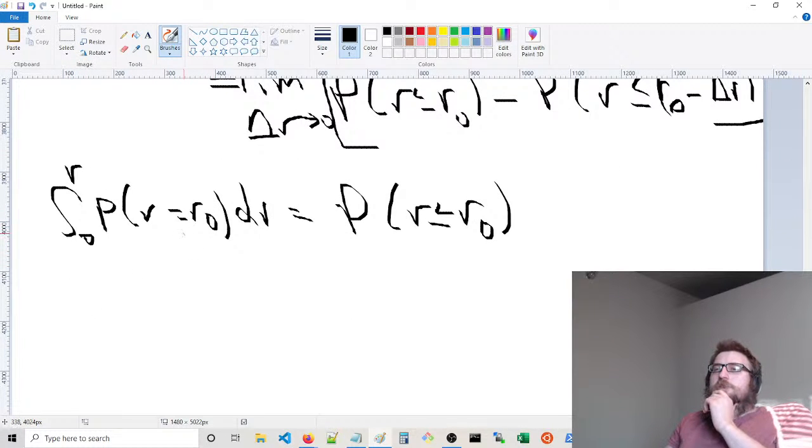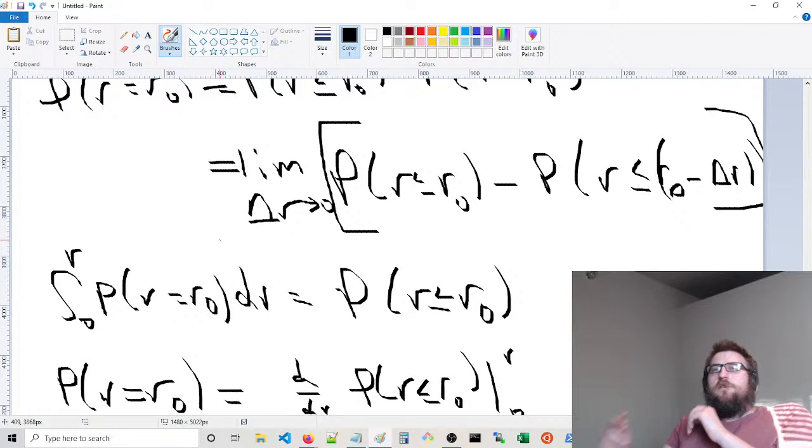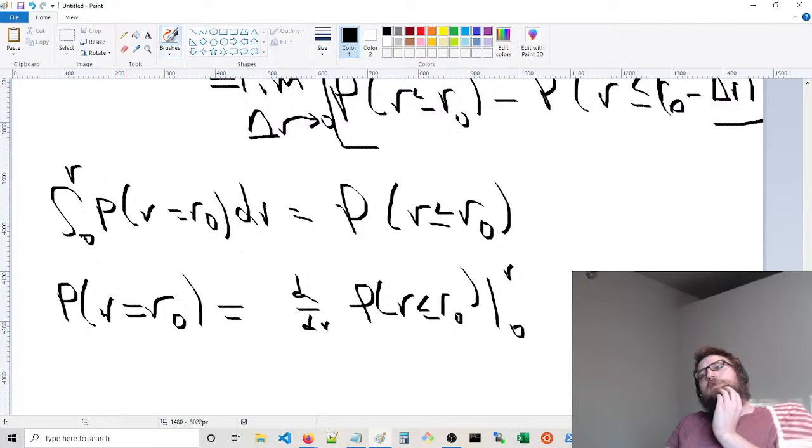Which is to say that p(r0) is equal to d/dr of the cumulative probability of r, evaluated at r0. That's what we're looking for.